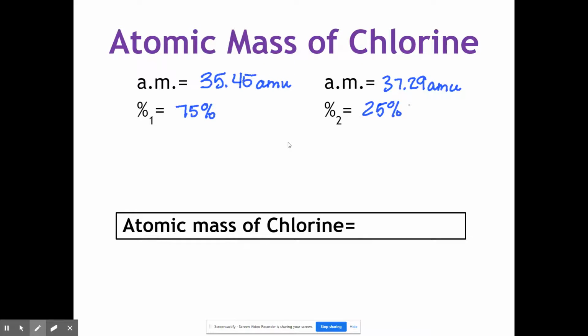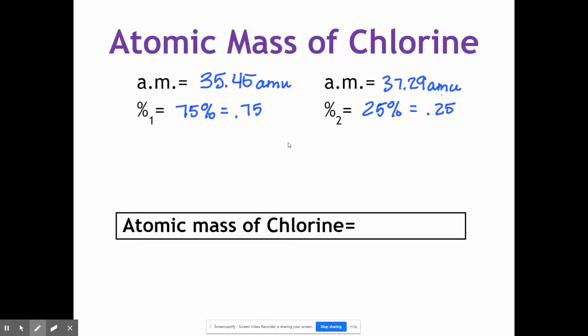First thing we want to do is change these into decimals. So 75% is 0.75, 25% is 0.25. Notice when they add together, it equals 100, so we're doing that right. When we add the decimals together, it's 1.